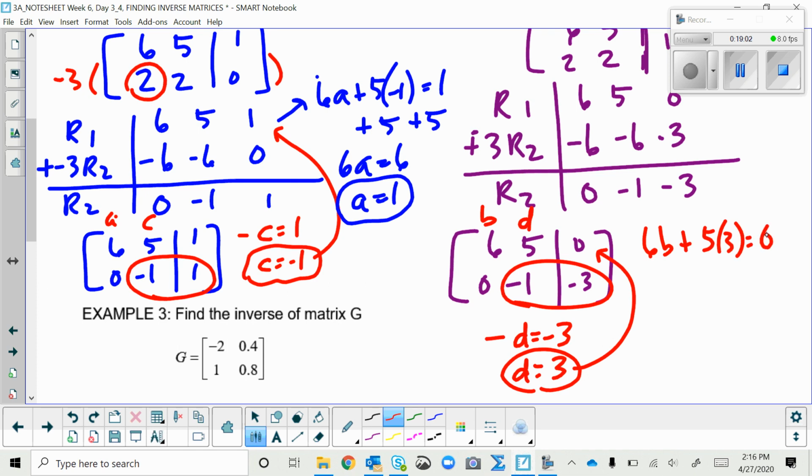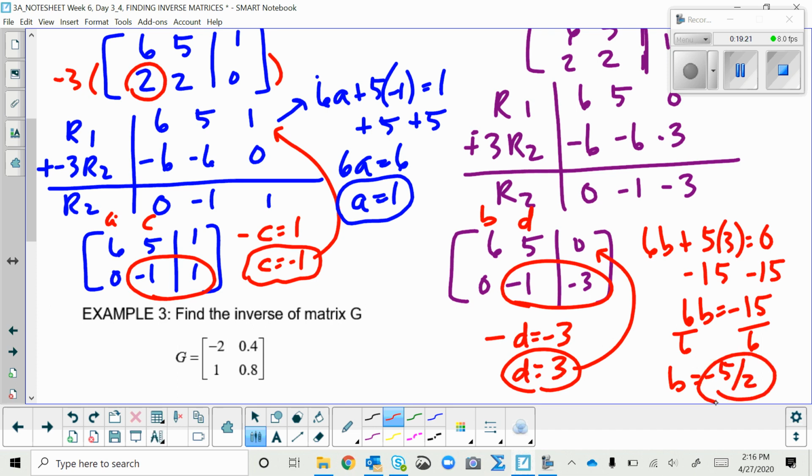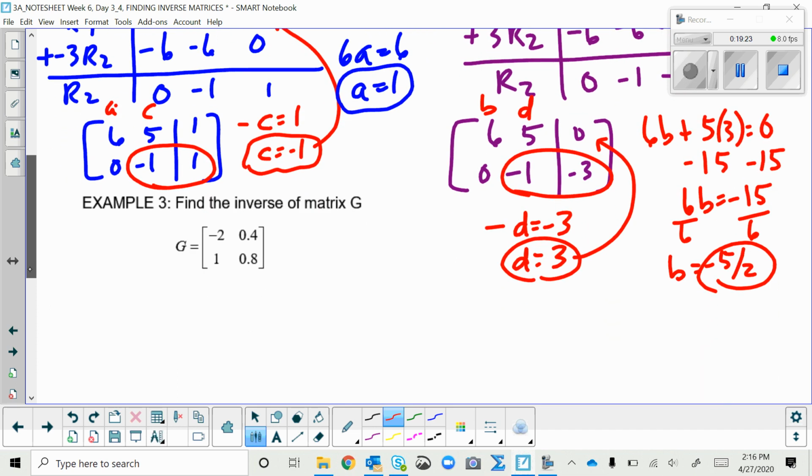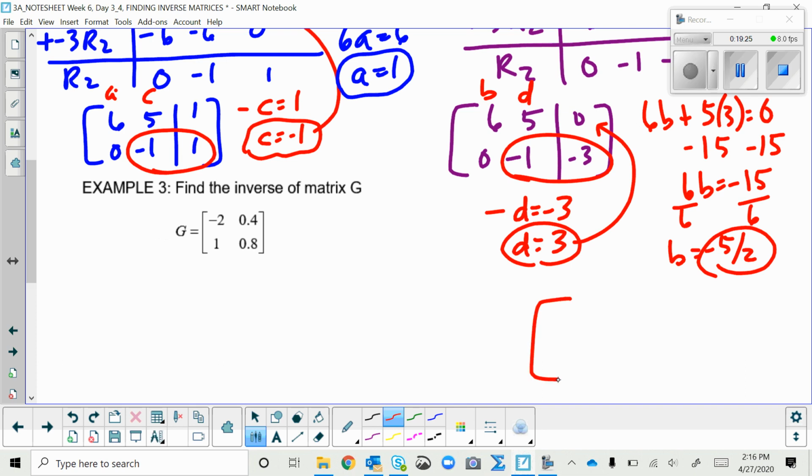That's positive 15. You want to subtract it from both sides. 6B equals negative 15. Dividing both sides by 6 and simplifying by a factor of 3 gives me negative 5 over 2. So your final answer in matrix form is A is 1, B is negative 5 halves, C is negative 1, and D is 3.